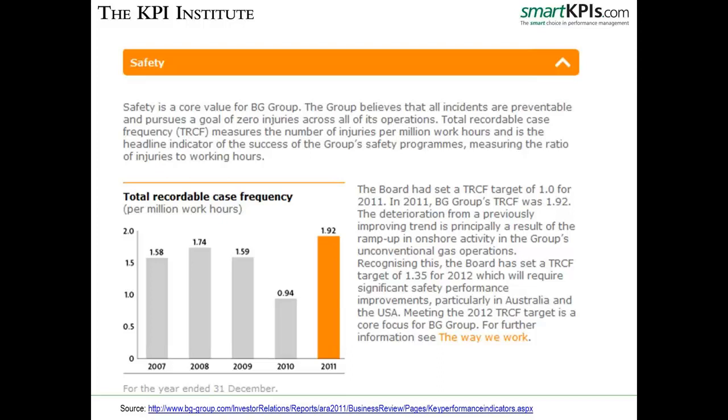This is an example of performance report that contains a trend analysis year by year of a recordable case frequency for OH&S issues. Just by itself, the way this is presented at the moment, this represents a dashboard. It's a KPI dashboard because we have one indicator analyzed in time with additional discussion around results.